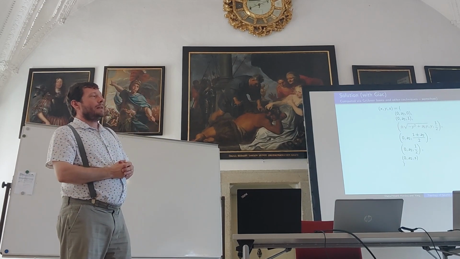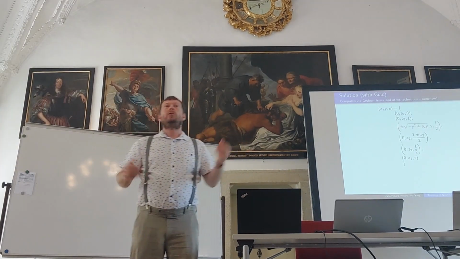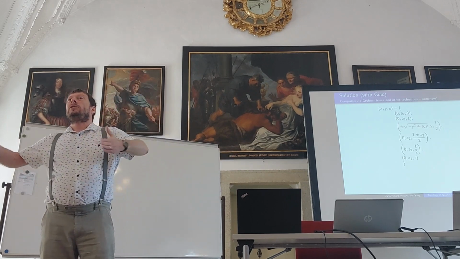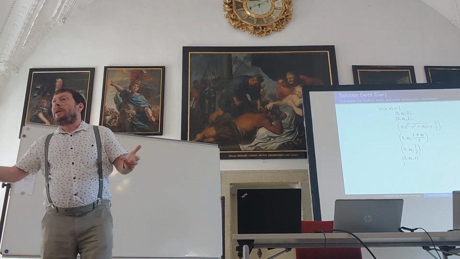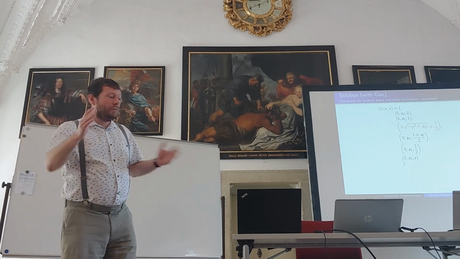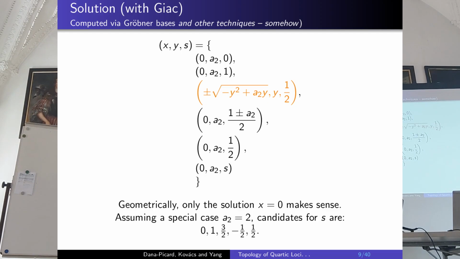The reason is that the algebraization, the algebraic translation, is not a one-to-one translation, and sometimes, or many times, you get additional pieces of information, so you have to be careful and somehow filter out these non-geometric components or non-geometric solutions.